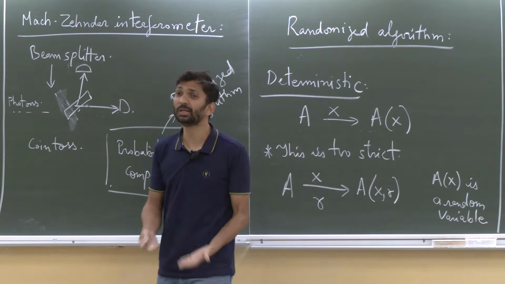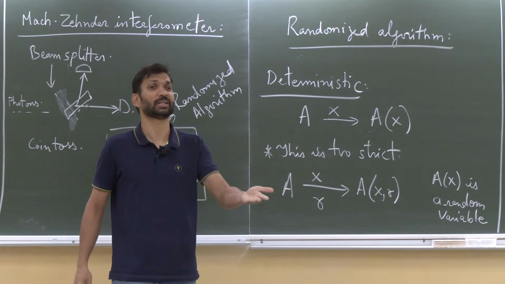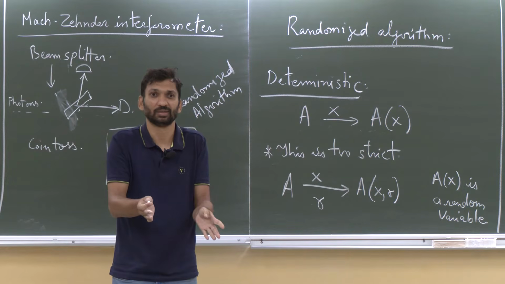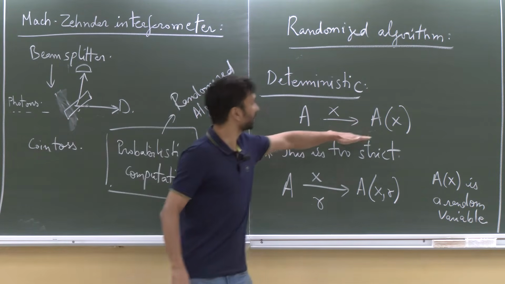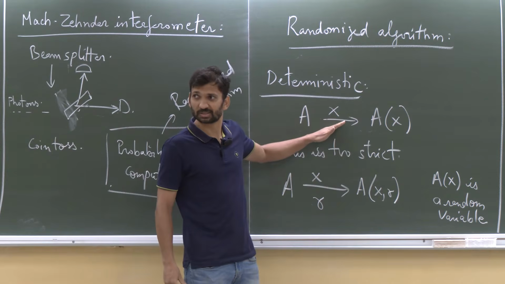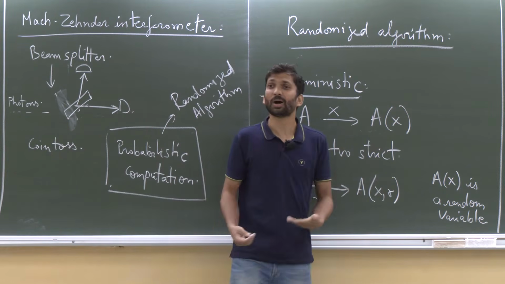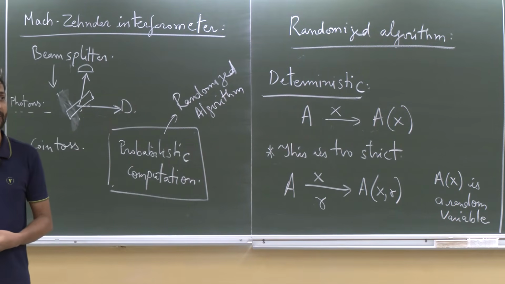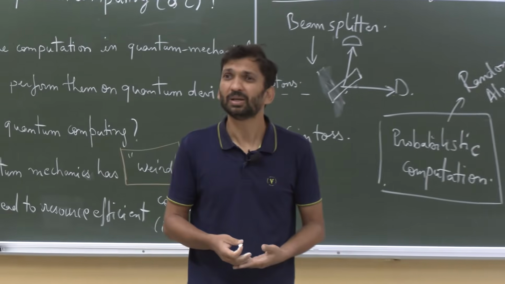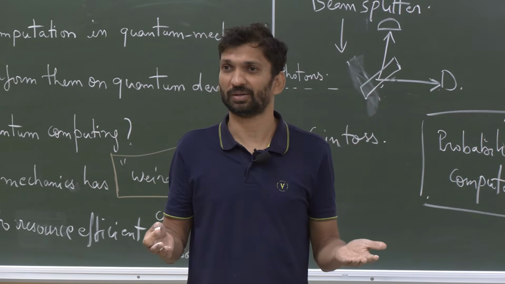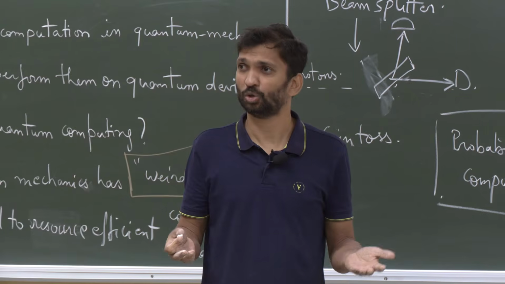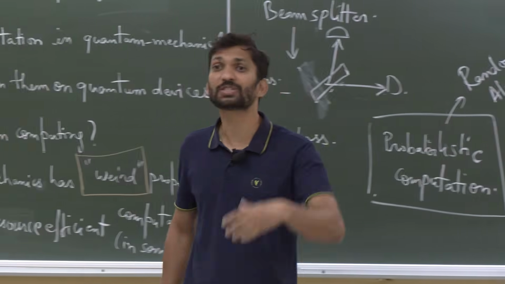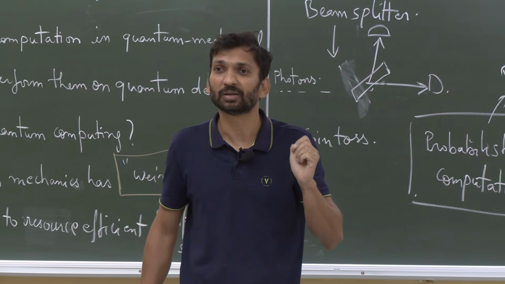But now what does it mean that A is actually a correct algorithm? It is doing what we want it to do. Let's fix the case of sorting. X is a list. A(X) was the sorted list of X. What do you want A(X, R) to be? Do you want it to be the sorted list of X? Ideally, yes. But there are so many choices of R. Do we want A(X, R) to be the sorted list for all R's, or for some R's, or for at least one R?